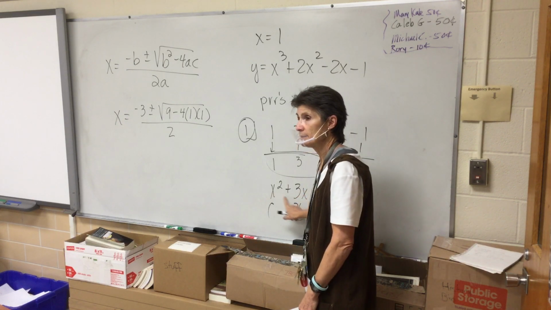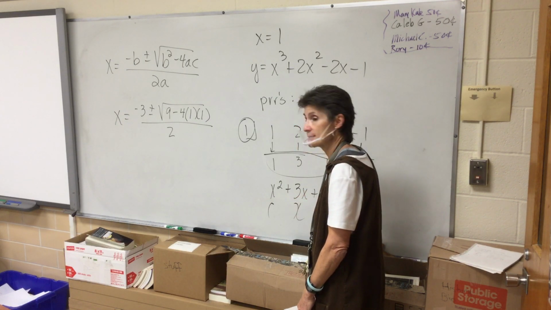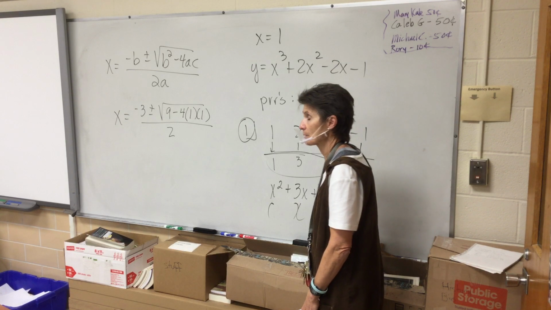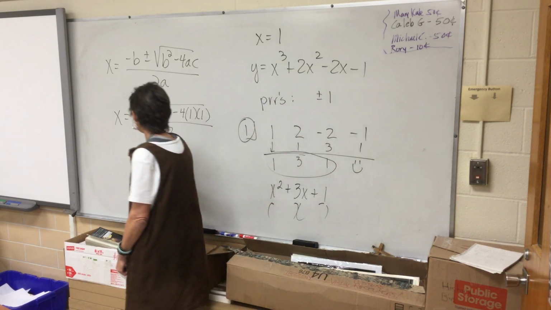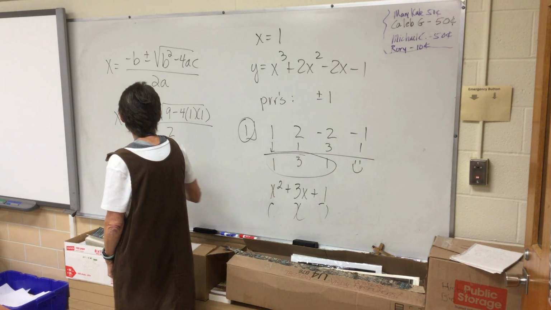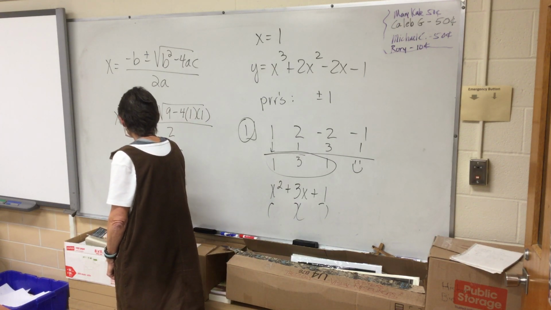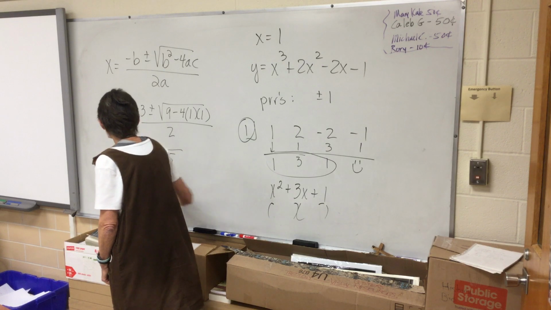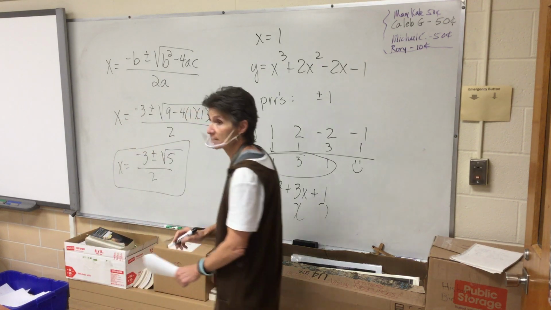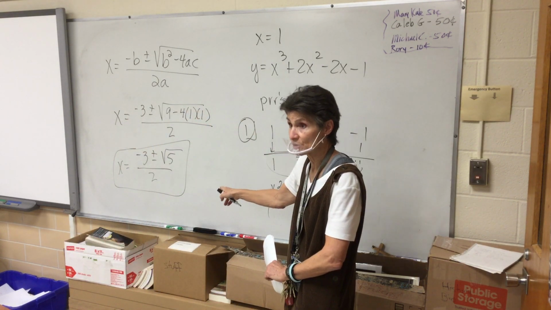A is 1, b is 3, and c is 1, right? So negative 3 plus or minus the square root of 5, over 2. That's an answer. That's actually 2 of the answers.